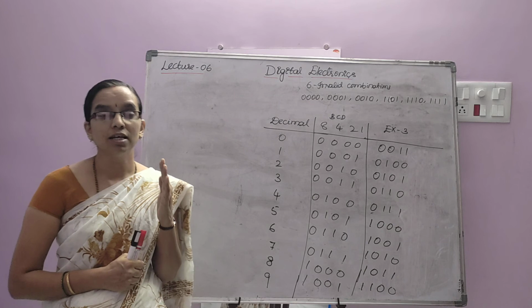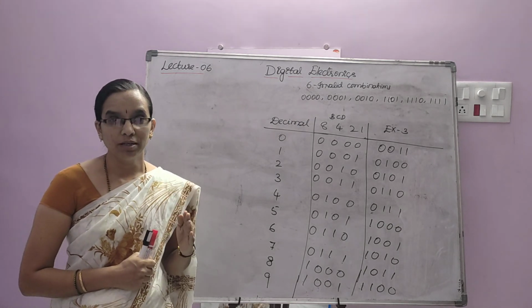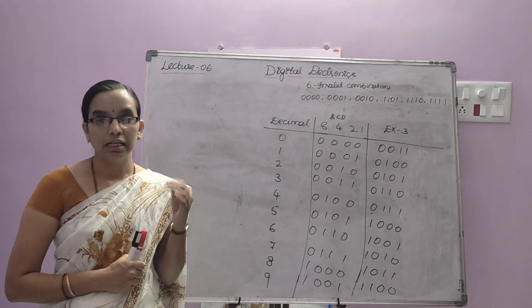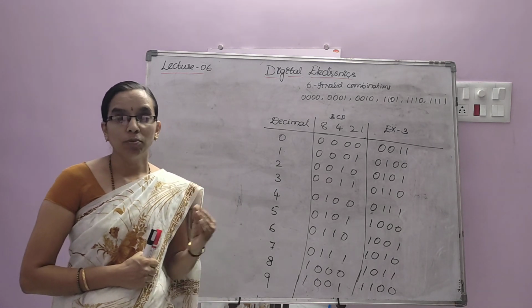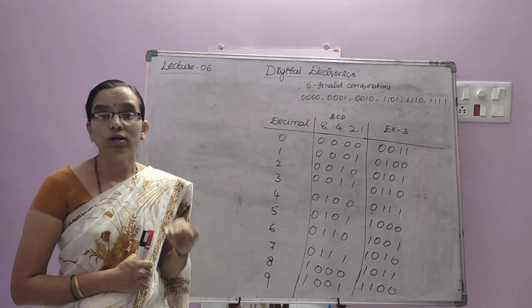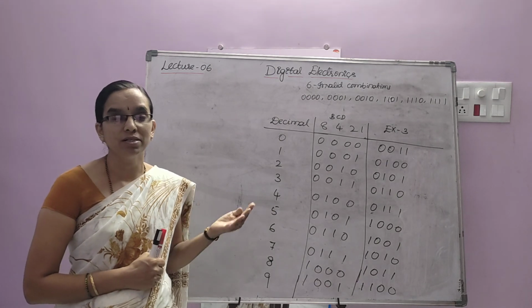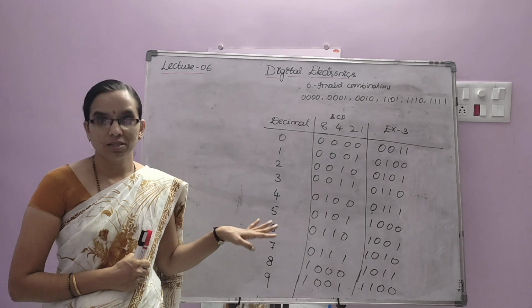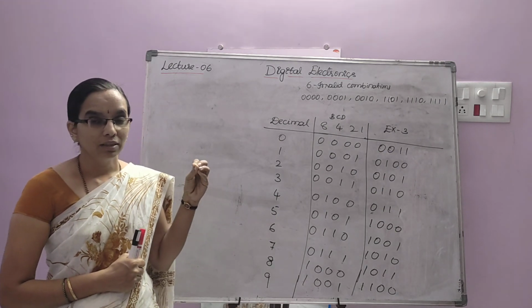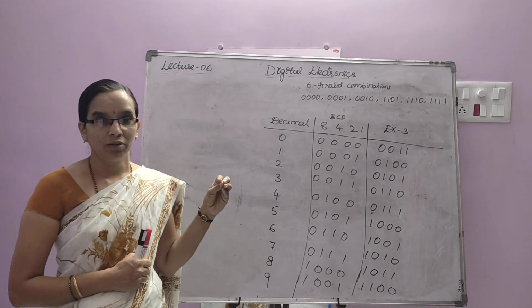Self-complementing code in the sense, the code words in the code find their complements in the code itself. That means the members of the code complement on themselves. So it is called a self-complementing code.